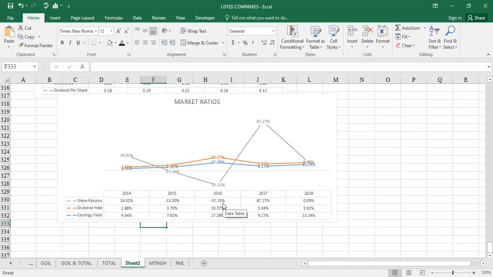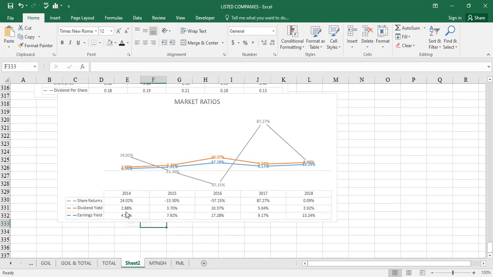Well, we have already seen that in 2016 the share price declined from 5 cedis to 1 cedi 87 pesewas. And in 2017 it went up from 1 cedi 87 pesewas to 3 cedis, explaining the share return that we have here, that is 87.27%. And in 2018 there was a share return of about 0.09%. That is a year-on-year component.